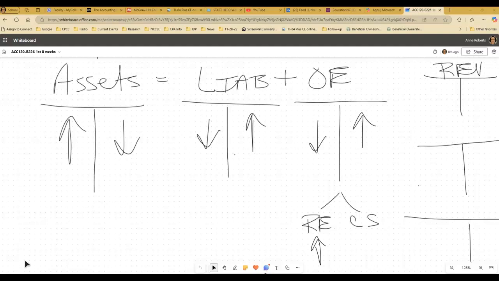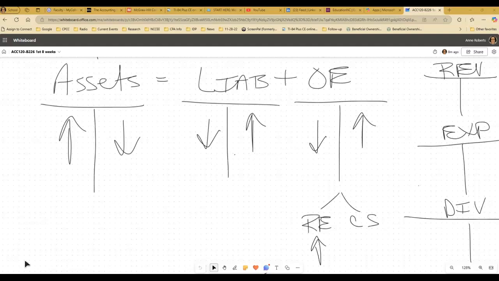So the three accounts that we're adding in Chapter 3 are revenues, expenses, and dividends. Okay? Now, when you're thinking about debits and credits, when it comes to revenues, expenses, and dividends, you have to think about how a change in those accounts affects retained earnings.